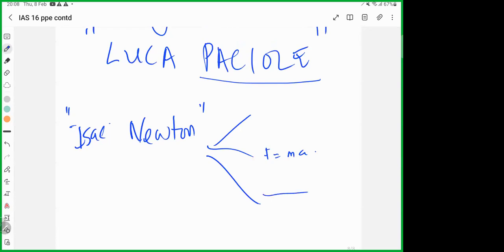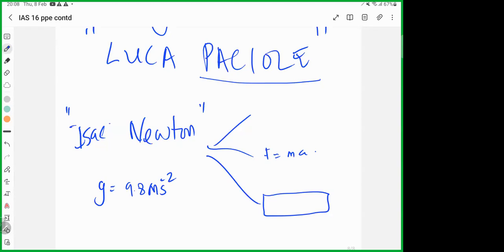And the gravity law: G is equal to 9.8 m/s squared.